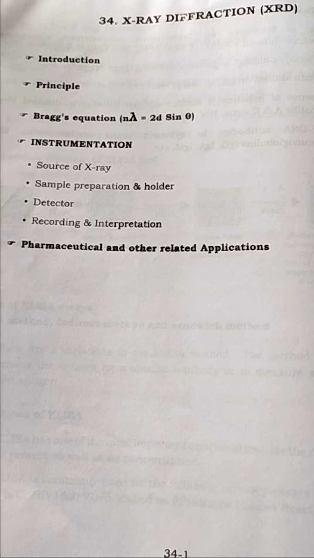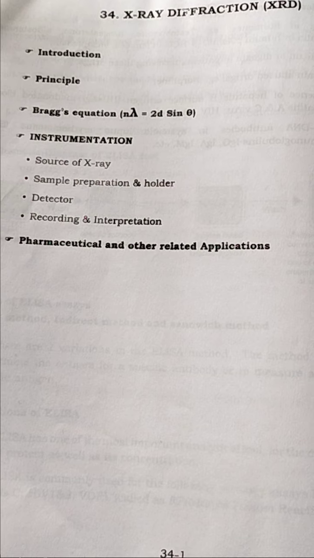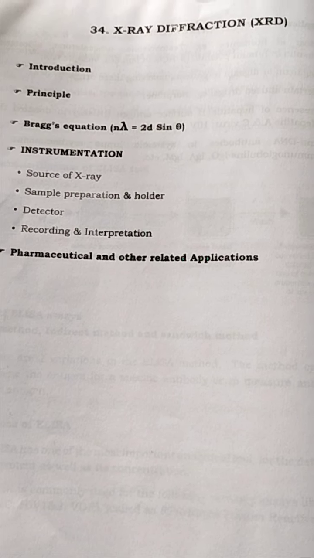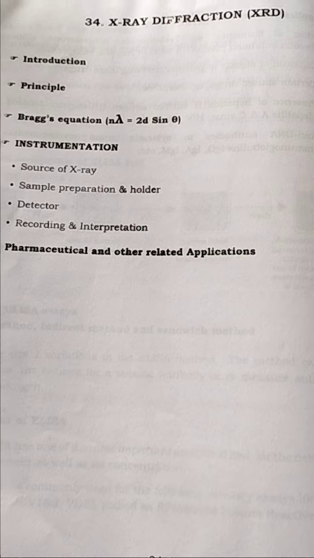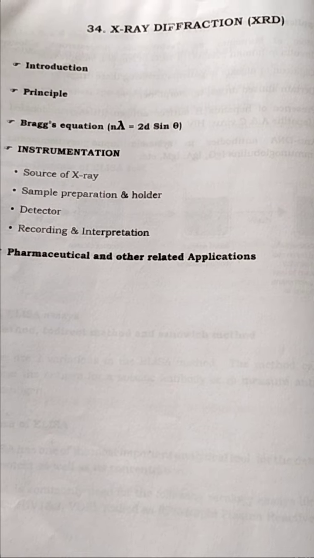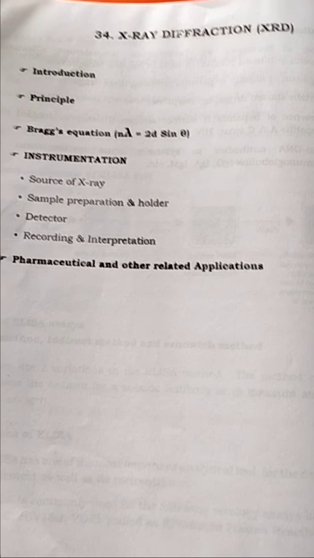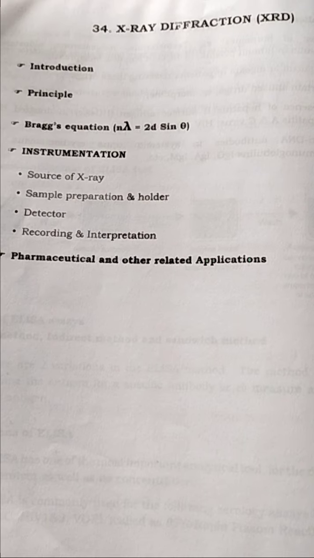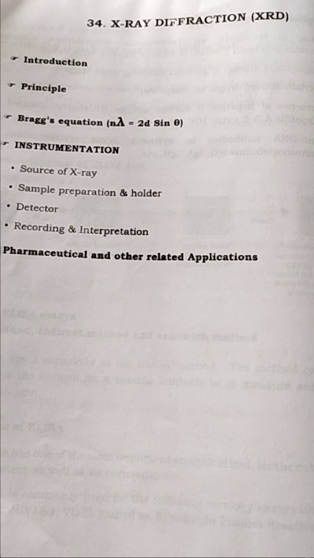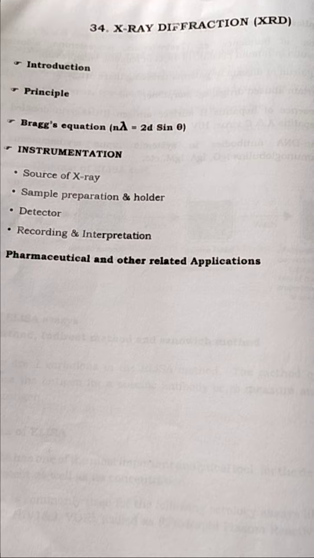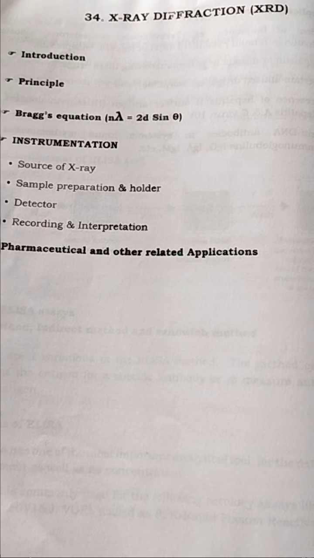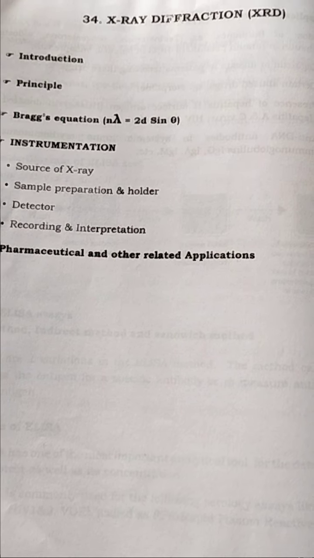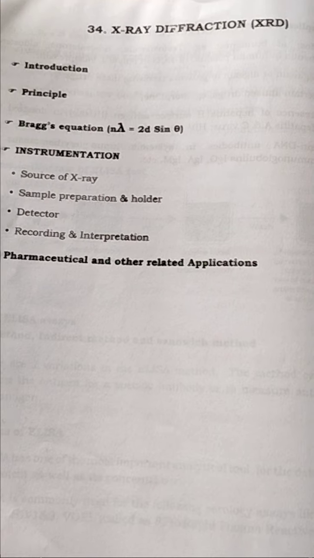Then we go to the hospital or any laboratory, and we can take an X-ray of that particular area and find the damage of that bone or joint. X-ray diffraction is a technique for compounds, in which we can diffract the X-ray wavelength.